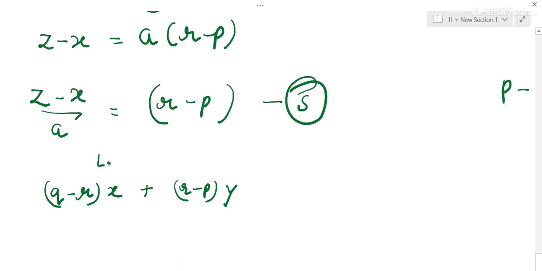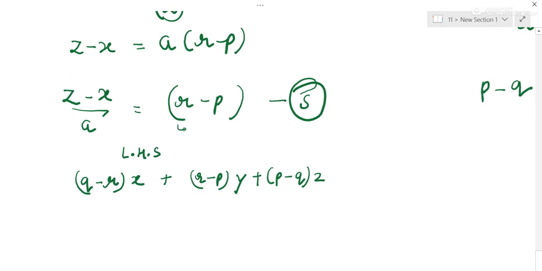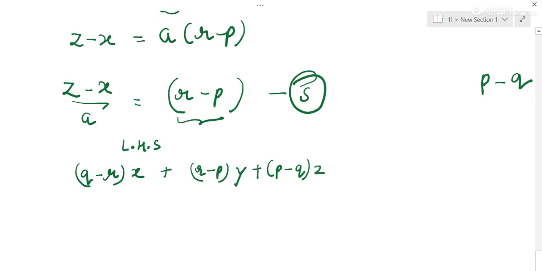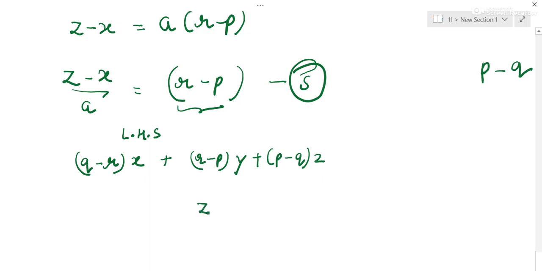I am picking only the left hand side, which is to be proved. Now we'll substitute the values. For example, r minus p, you can see here it is z minus x by a. Substitute z minus x by a into y.